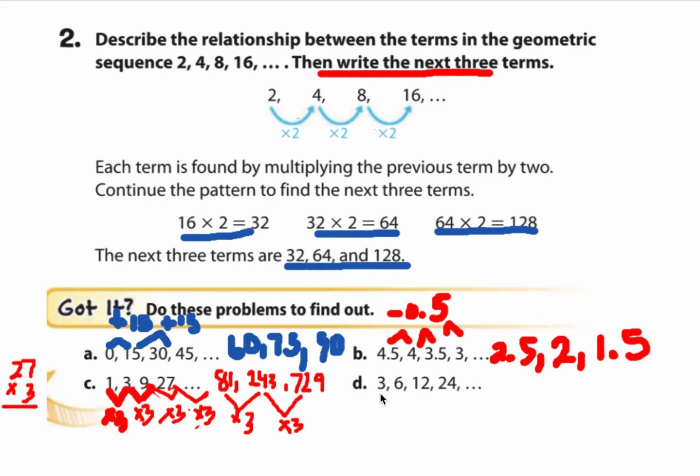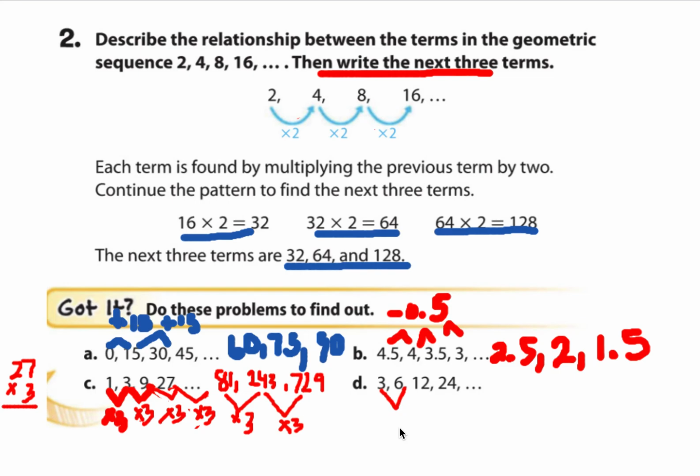For the next one, I'm not going to do the whole thing. It's multiplying, the same thing. You find the pattern. Oh, it's getting larger, so I must be multiplying or adding. If you did 3 plus 3, you get 6, but 6 plus 3 gives me 12, so it's not plus 3. It's going to be times.